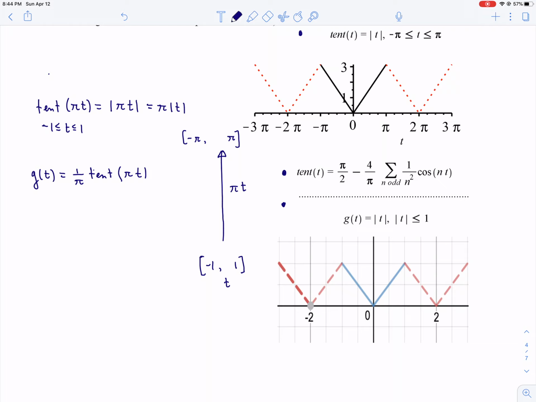To get the Fourier series for g, I just plug in pi t into the Fourier series for the period 2 function.